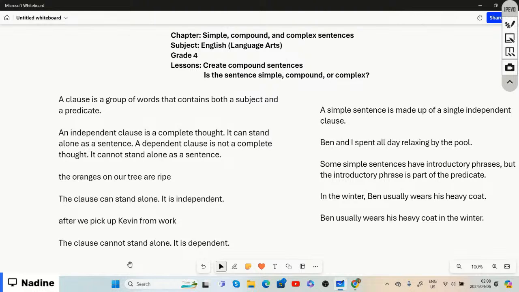So when it comes to a compound sentence, we said compound sentences consist of two simple sentences joined by a conjunction. And we said that a simple sentence consists of basically a subject and a verb, right?